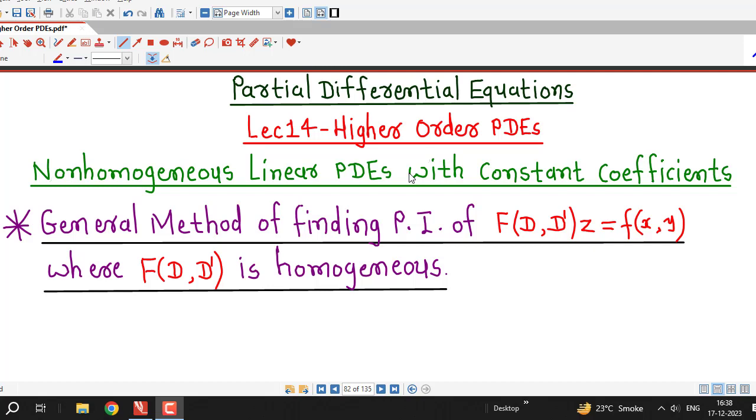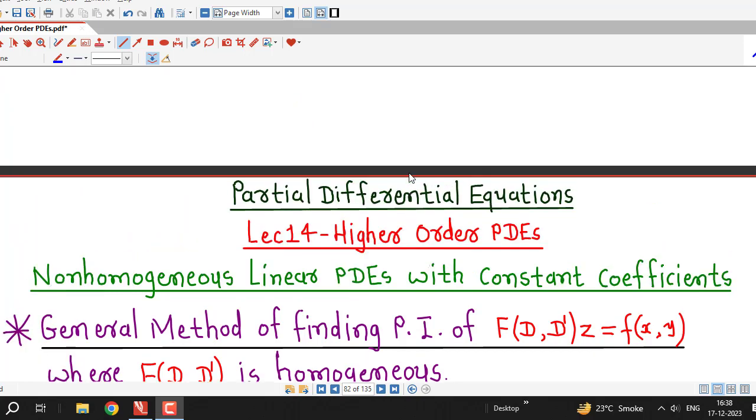Up to lecture number 13, we have discussed shortcut methods for finding particular integral of non-homogeneous linear partial differential equations.